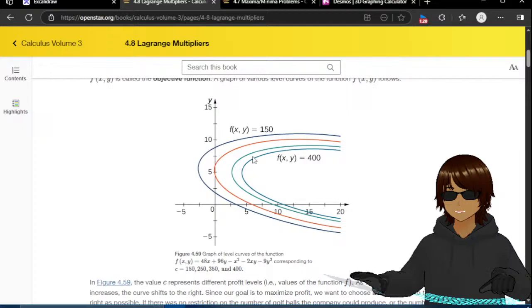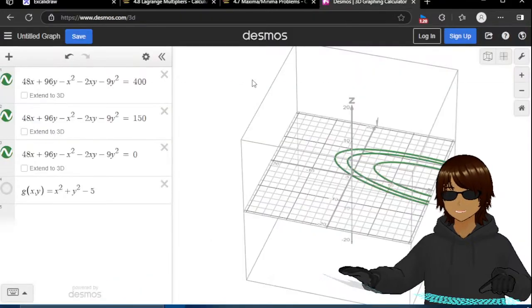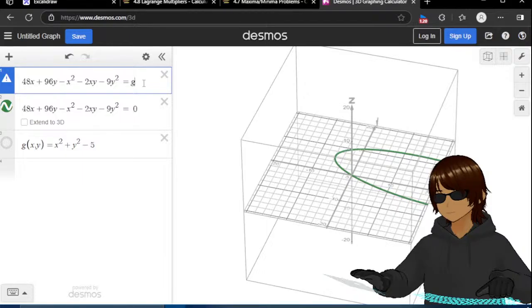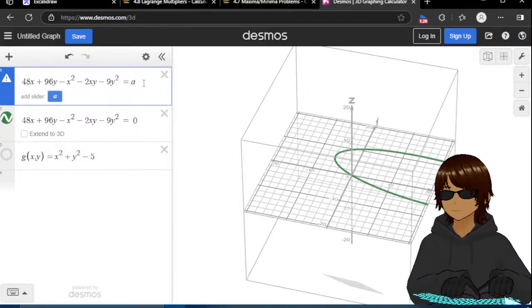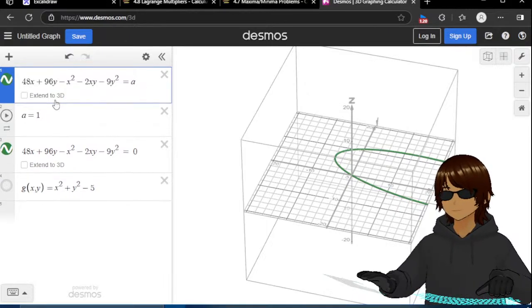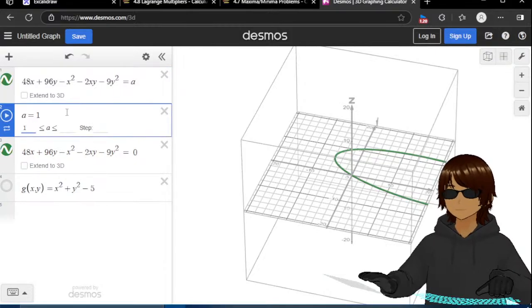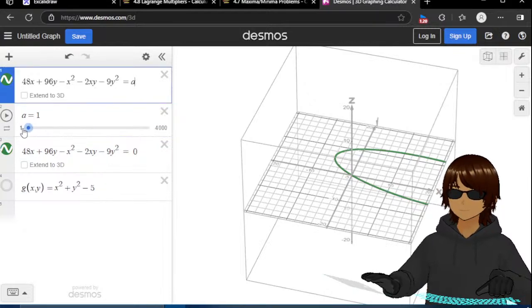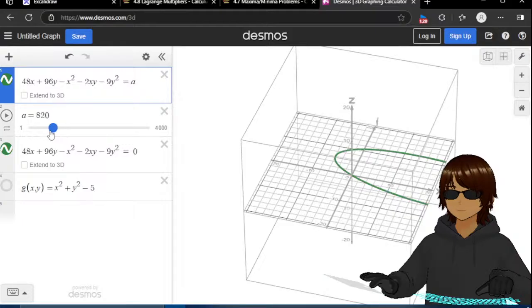Because the number increases. This number, let's call it h. How do I add a slider? So as right as possible.